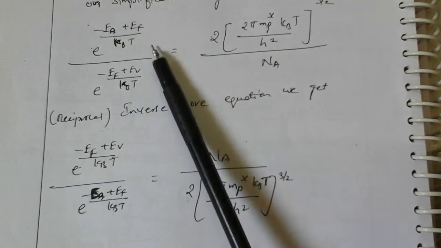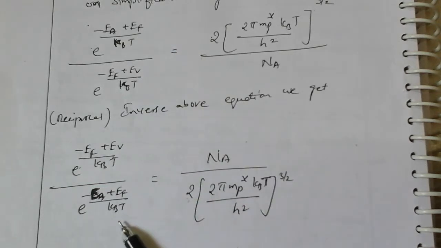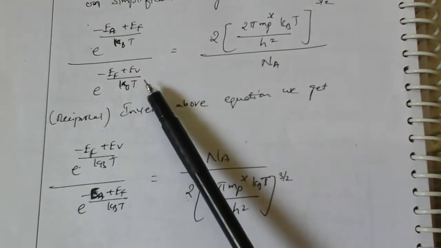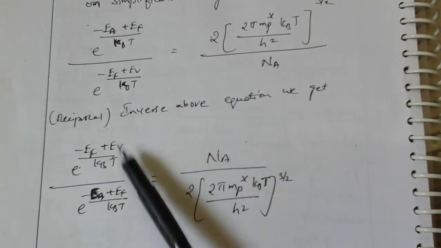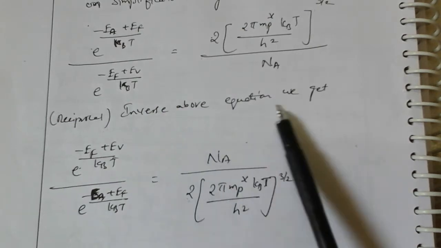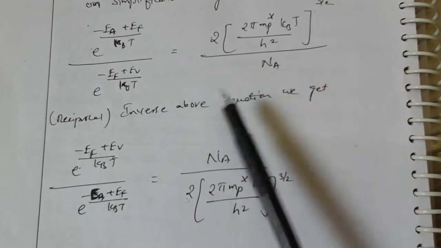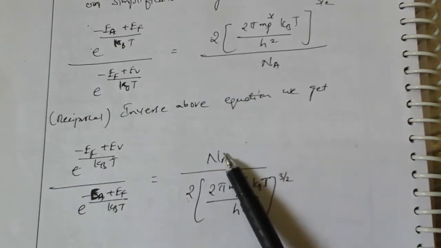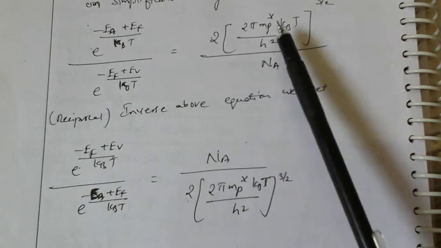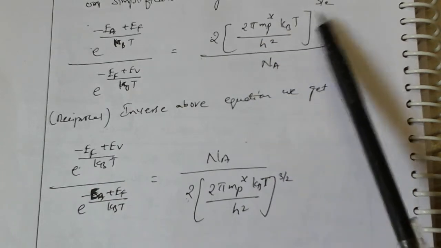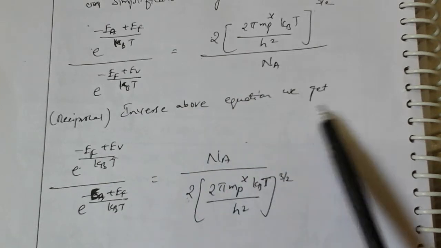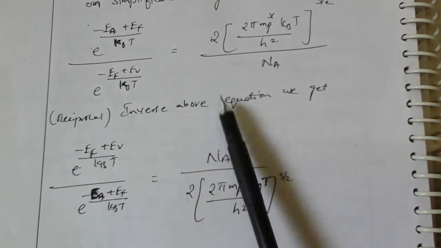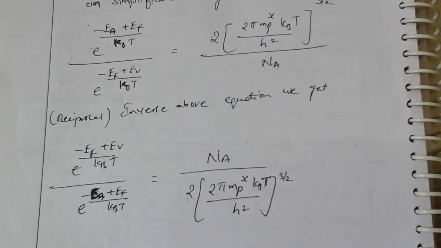So this value we got here in the denominator, by doing this, the denominator value we are writing above. So this is called the inverse of the equation. The same thing on the right hand side also: Na is on top and 2 into (2 pi mp star kBT by h square) whole power 3 by 2 is taken in the denominator. So this is called the inverse or reciprocal of the above equation.